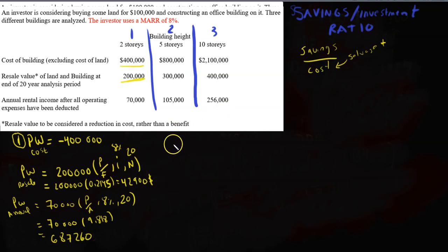Now we're actually going to calculate the ratio. R is equal to savings over cost. So our cost is 400,000, but negative. And we're going to have to add to it, remember, the resale value is reducing the cost.